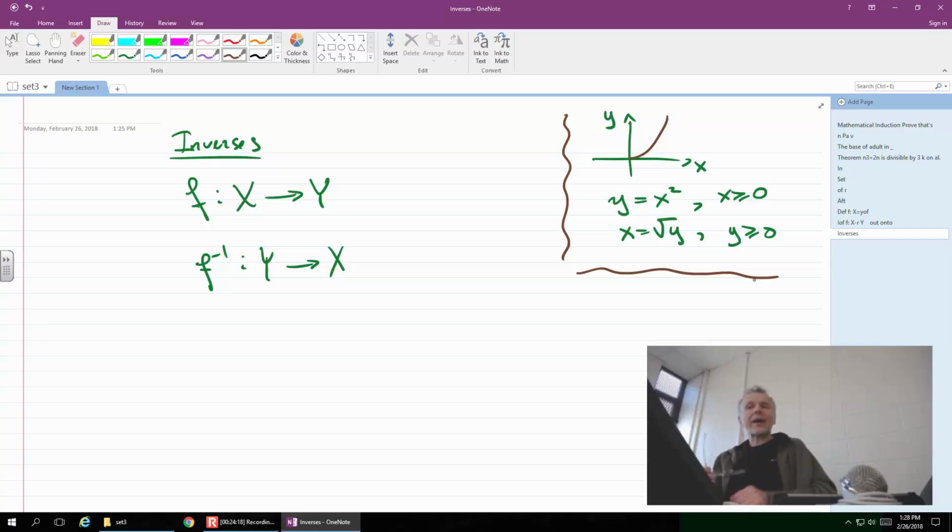They interact, but how? By matching x's with x's and y's with y's, so you don't want to change names. Unfortunately, what you see frequently in pre-calculus is instead y equals square root of x as the inverse of y equals x squared.